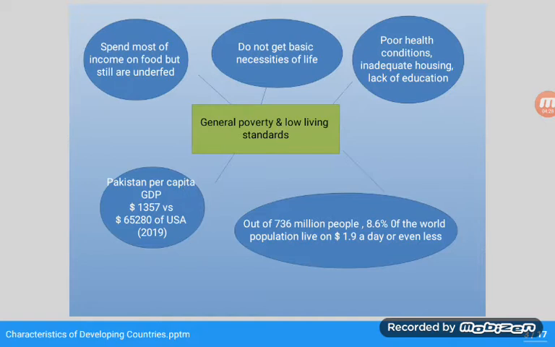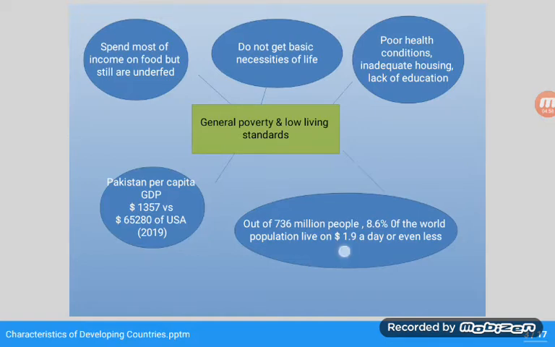So here two figures are provided to you, one of USA and one of Pakistan, just for the purpose of comparison, to see how much an average person is earning in Pakistan compared to the one living in USA. And you can see the figure of USA is quite large. It's a big amount, 65,280. So this means they are not generally poor and they are enjoying better standards of living there.